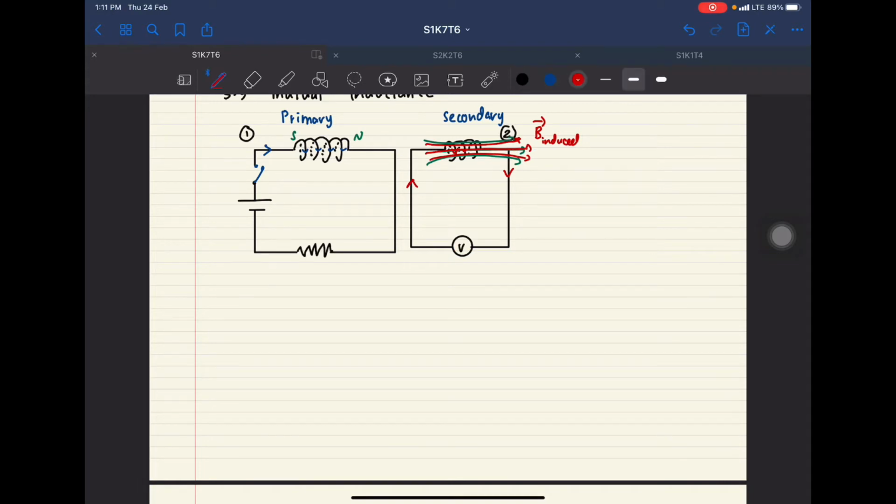So the direction of current will be in that direction, the induced current. You can see that even though there's no power supply in the secondary circuit, because there's a change in the primary circuit, that results in a change in flux also in the secondary circuit, so they have induced EMF and induced current.